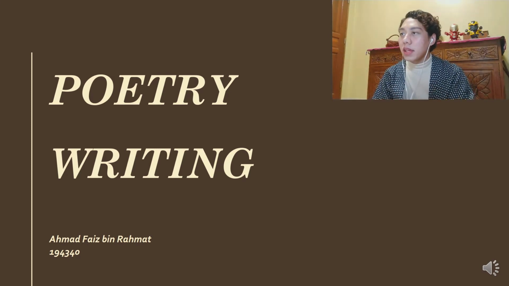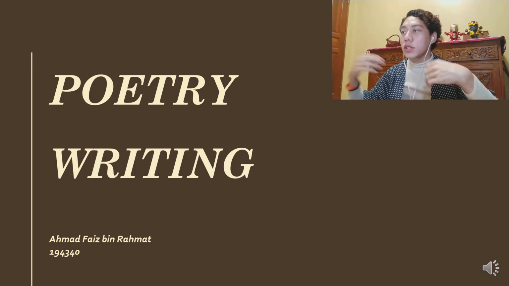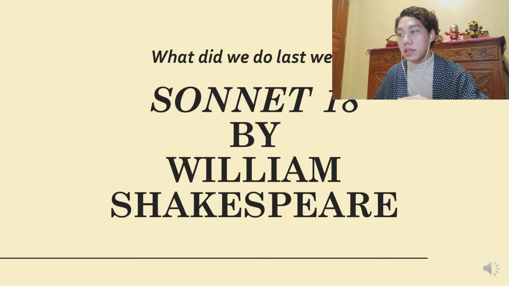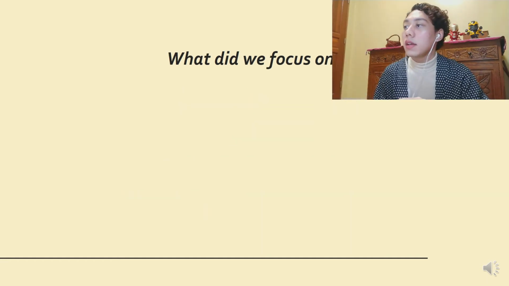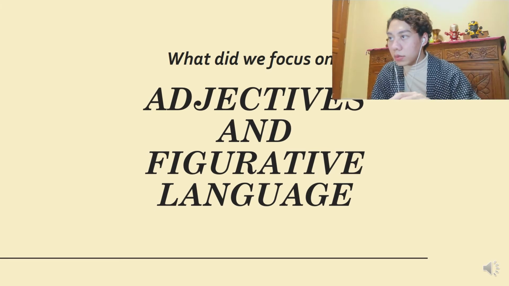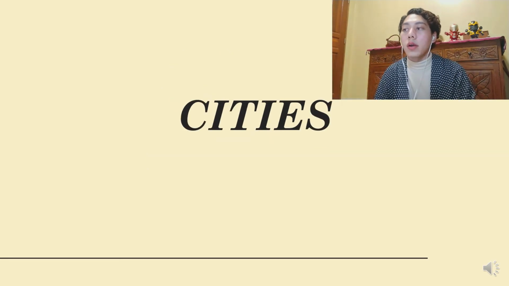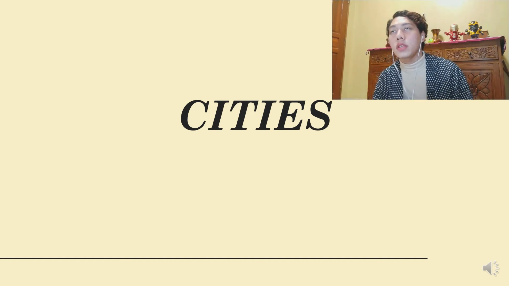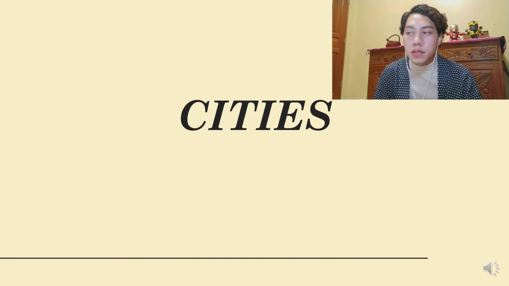So yeah, during set induction we're going to ask them what did we do last week? Then we did Sonnet 18 by William Shakespeare. And then what did we focus on? Adjectives and figurative language. Then the teacher will start asking them about their familiarity with the cities, like the experiences of journeys going to the cities or living in the cities.